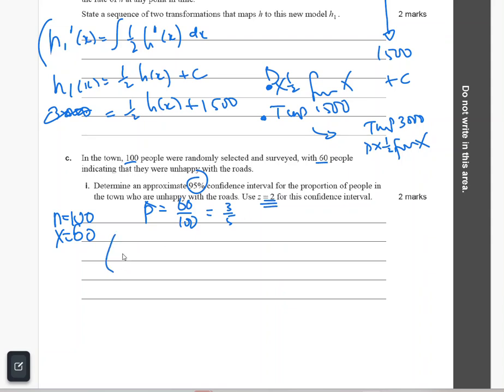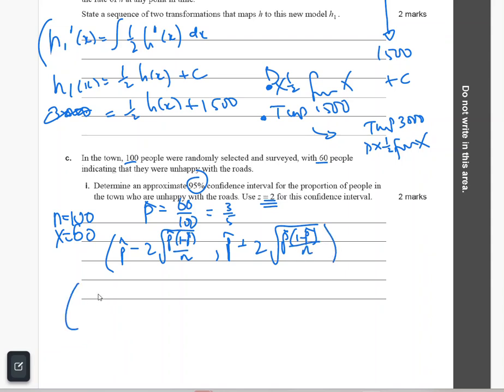So 95% is going to be p hat minus 2 square root of p hat 1 minus p hat on n to p hat plus 2 square root of p hat 1 minus p hat on n.